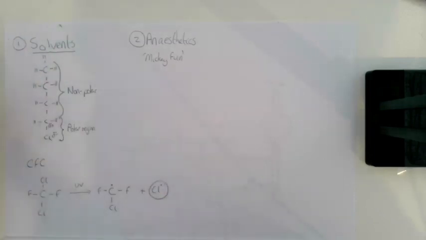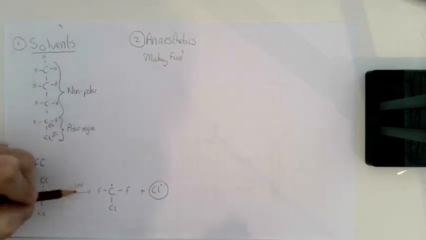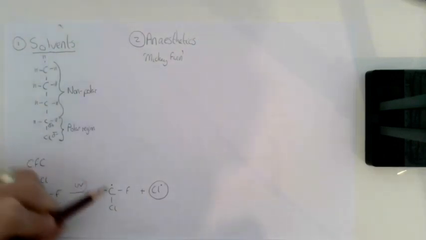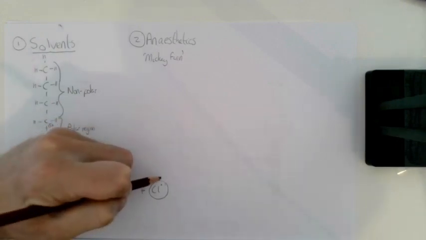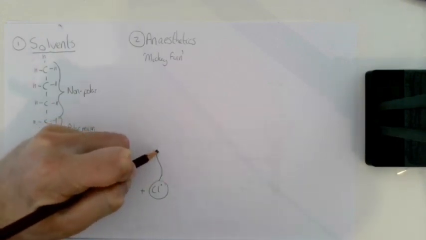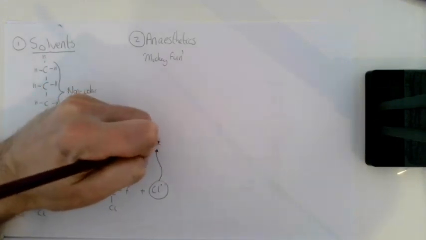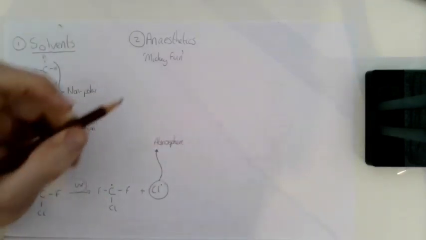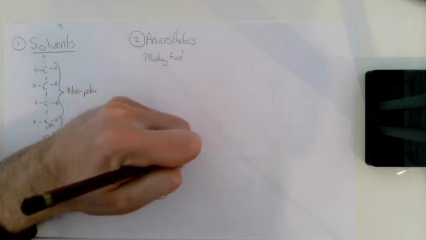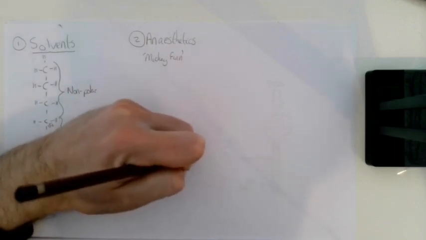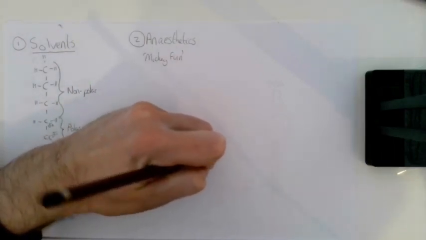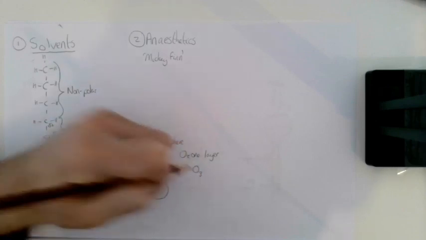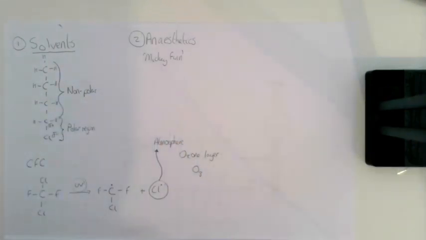What happens when you make these chlorine radicals, so we've exposed the halogenoalkane to light, it's formed these chlorine radicals, they go up and travel on up into the atmosphere. And the atmosphere contains the ozone layer, which is made from O3, so another oxygen-based molecule.